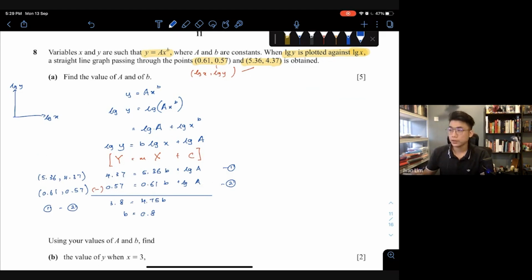After you find b, now we want to find a. So we want to sub b equals 0.8 into the equation.